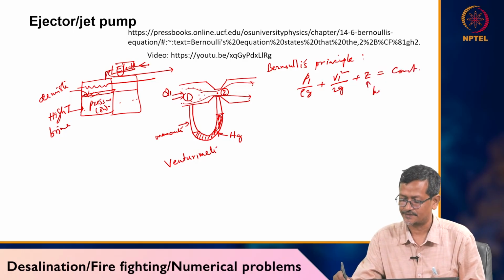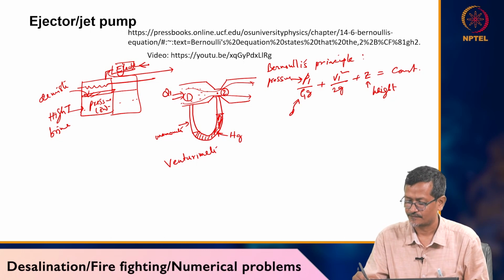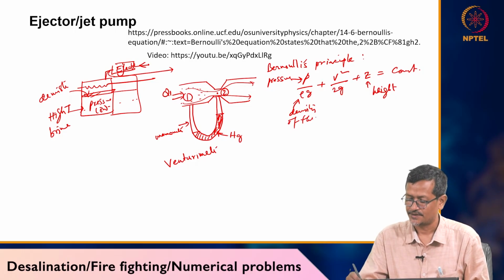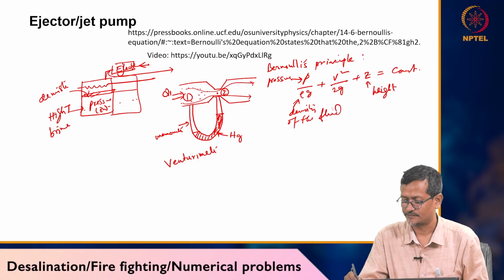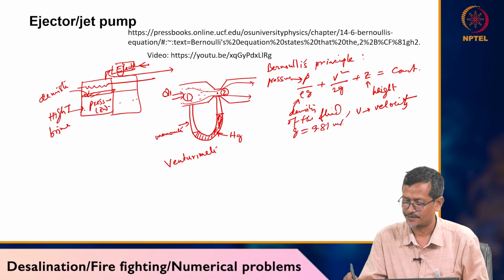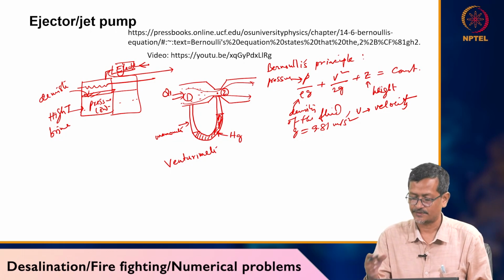Z means height, P is pressure, rho is the density of the fluid, V is the velocity, and g you already know, 9.81 meter per second square. Z is the height of the pipe.